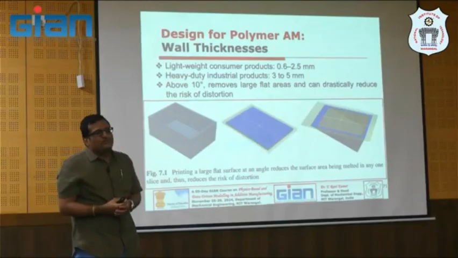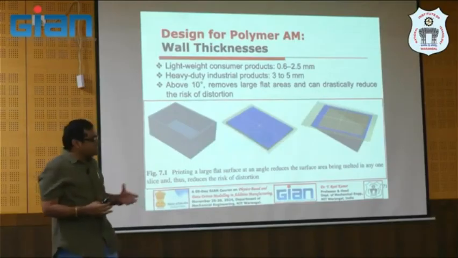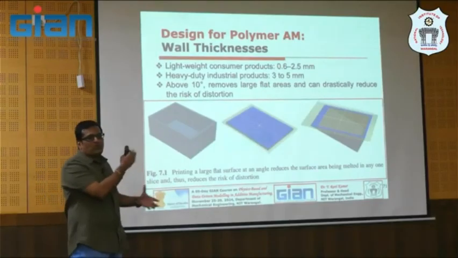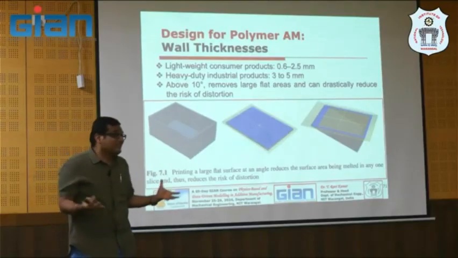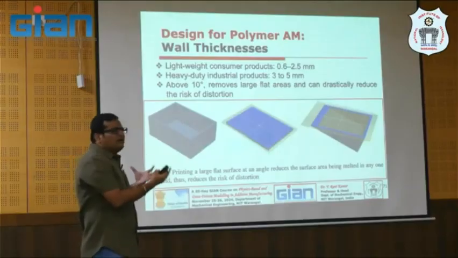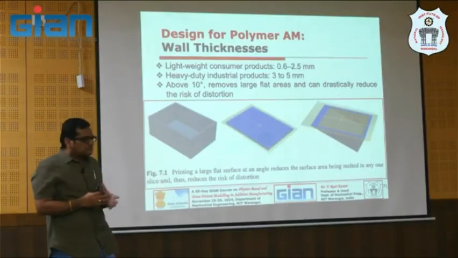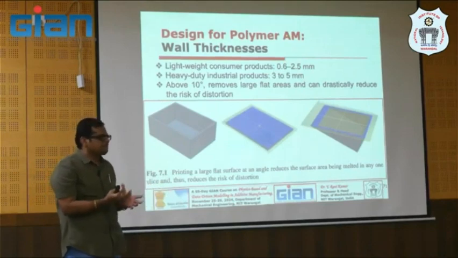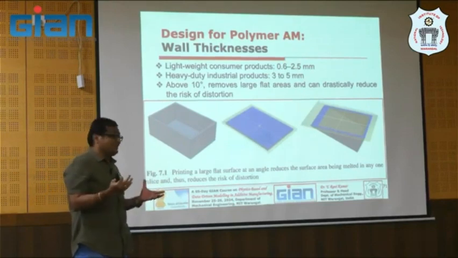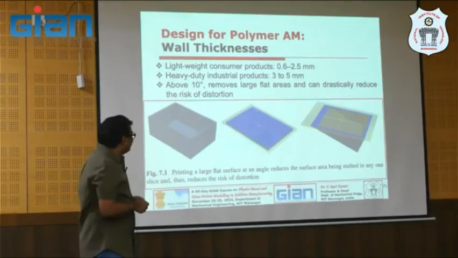Then ultimately we may be blaming the system, right? You have a large warpage or you have a huge distortion in the parts. Means at least we try to understand how best we can minimize it in the design stage itself. Like, can it be minimized? If at all, then how could it be done, right?